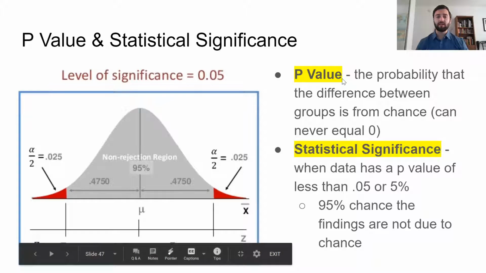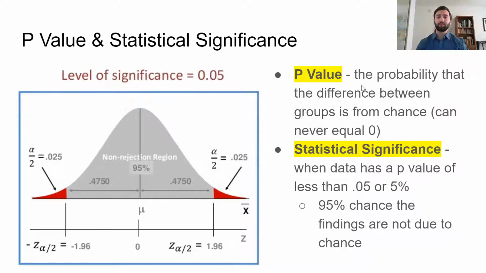So again, we've got p-value and statistical significance. The p-value is basically the probability that the difference between our groups is due to chance. This sounds really complicated, but basically the idea is how likely is it that our findings are because of chance, that it just happened randomly that all of our people love pizza?